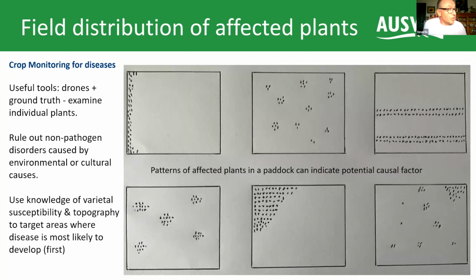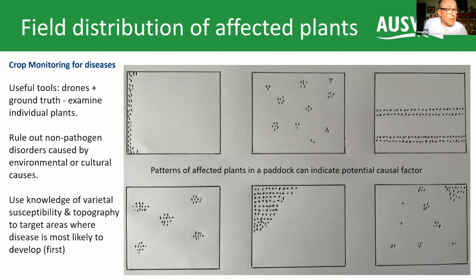And again, using your knowledge of varietal susceptibility and topography to target areas of the field is a good way of monitoring. In my experience, I've found that where there's more moisture sitting around in the morning, there may be some trees or something like that that are shading part of the paddock.